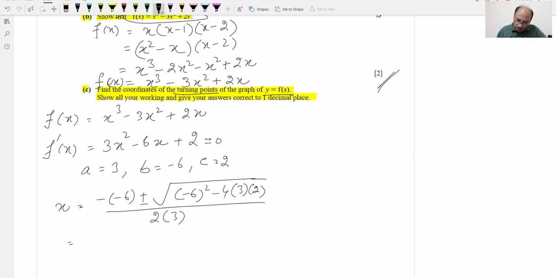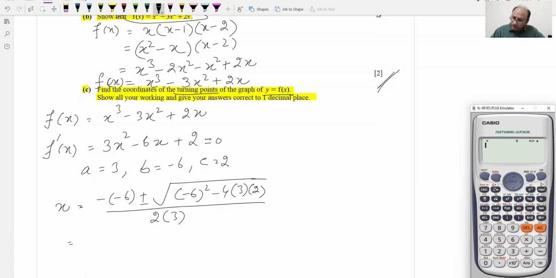And now we can use the calculator for this calculation, so it will be minus into minus 6, you can type like this, and we will use a plus sign, then later on we will be using a negative sign also. So it will be in brackets minus 6, and this will be squared, and minus 4 into 3.